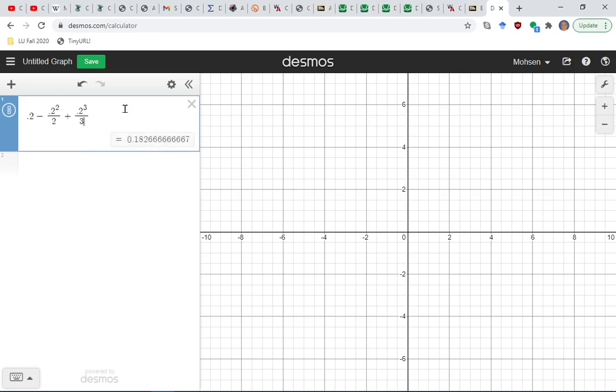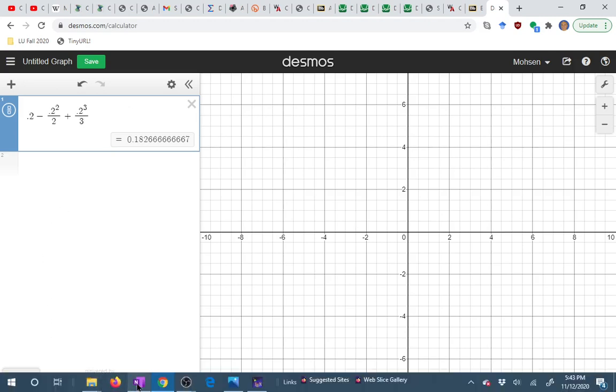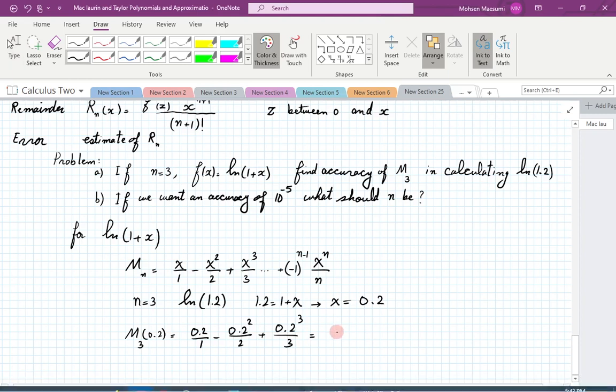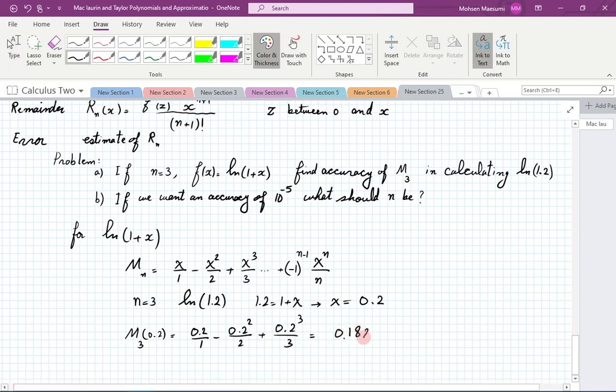So we get 0.18266 and so on. Let's go ahead and enter that in our sheet. We have 0.1826. So what we have here is 0.18266 and so on. You can write it to 4 decimal places or 5 decimal places according to how the problem wants it.